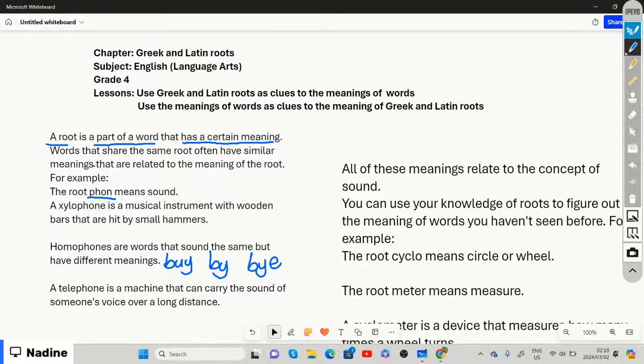Then we have another word, which is telephone. Remember our root word is phone.